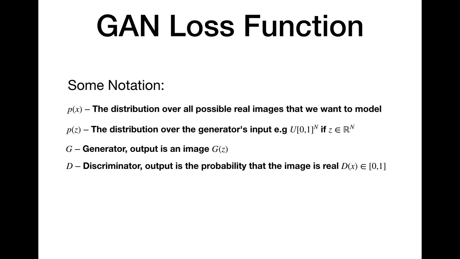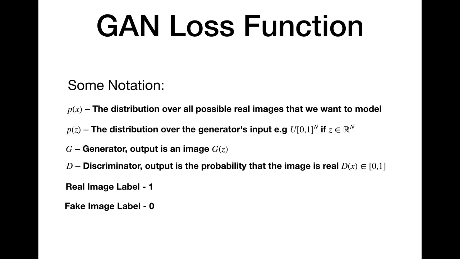The next neural network that we are going to be looking at is a discriminator, which we denote by the symbol D. The discriminator takes as input an image and outputs the probability that the image is real. Hence, the discriminator's output lies between 0 through 1.